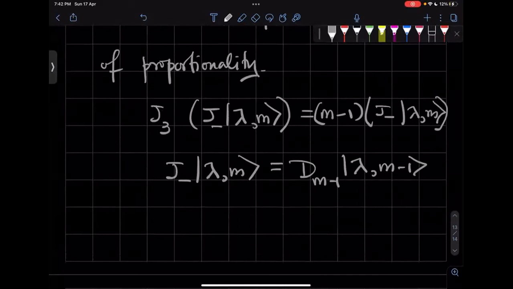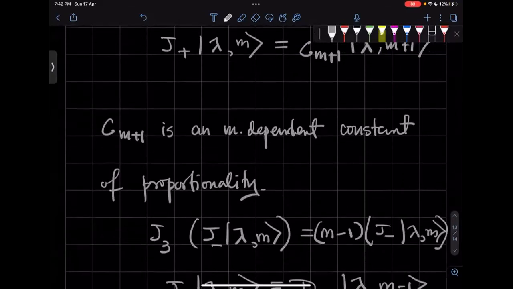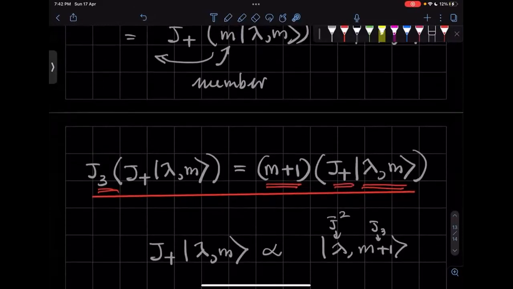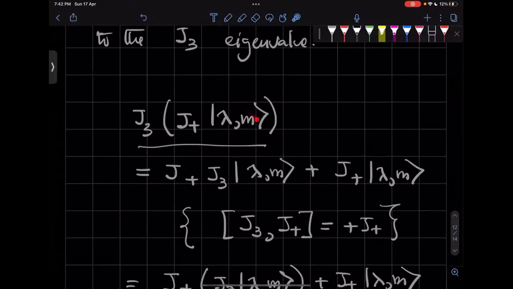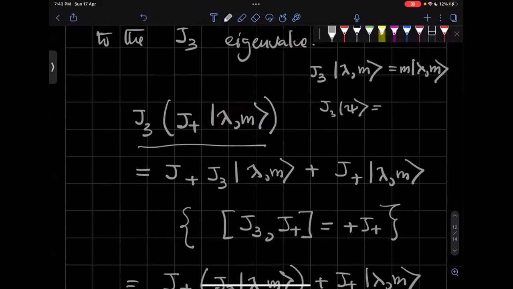I didn't really understand how we get this proportional to that statement. Right, sure. The idea is that this state is an eigenstate of J3, right? So J3 acting on lambda m gives me m lambda m. You got that, right? Yes. So now, if I have any state, let's call it psi, then A psi is an eigenvalue equation, right?